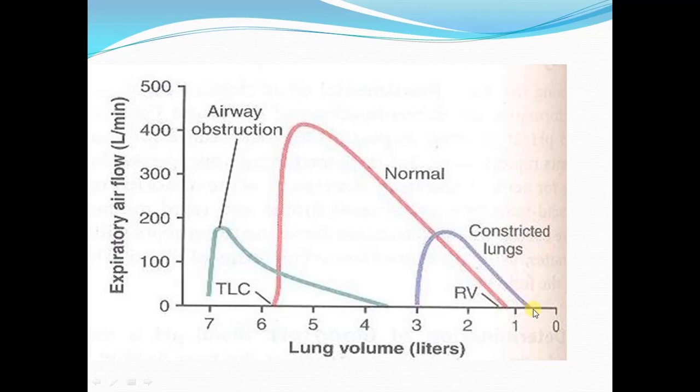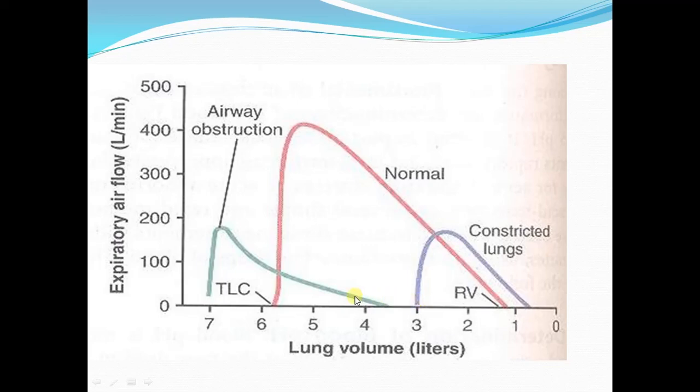So there you can see a decreased residual volume in a patient of restrictive lung disease, as well as a decrease in the total lung capacity. Here this TLC stands for total lung capacity. This is marked for the normal person, and this is the total lung capacity in a patient of constricted lungs. So it is decreased, you can see.